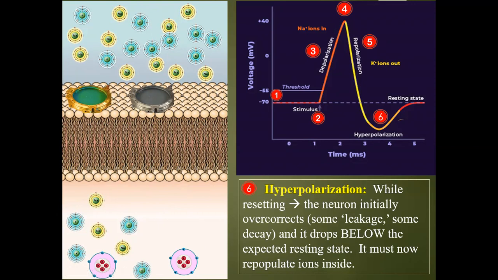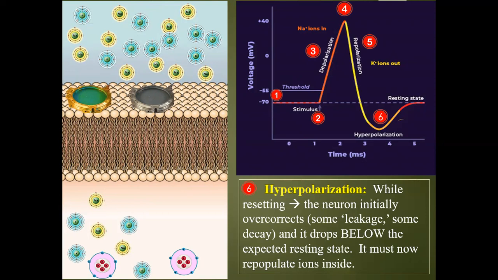So we're going to have to now repopulate. And that's what's happening during hyperpolarization. While resetting, the neuron actually overcorrected, with some leakage, some decay. It dropped below that resting state, which is where we're supposed to end. And now we have to repopulate by generating more sodium and potassium ions. We're pulling them, again, from the bloodstream and from other sources as well. The mitochondria is living up to its powerhouse name at this particular moment.